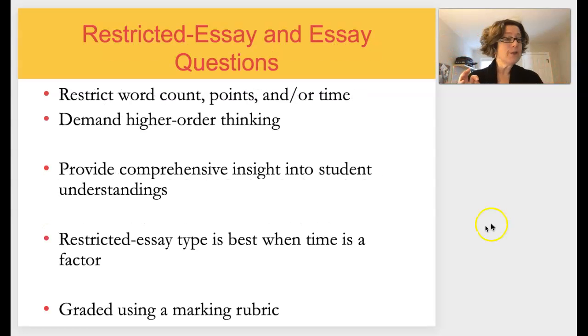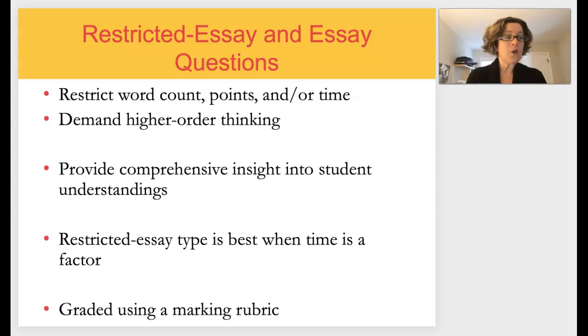Let's look at restricted essay and essay questions. A restricted essay is where you restrict word count, points, and/or time. It's like when I said I want 250 words, I didn't want you to get into 1,500 words. I'm going to give you 15 points, and if this was an in-class evaluation, I would say you have 45 minutes or 75 minutes or whatever.